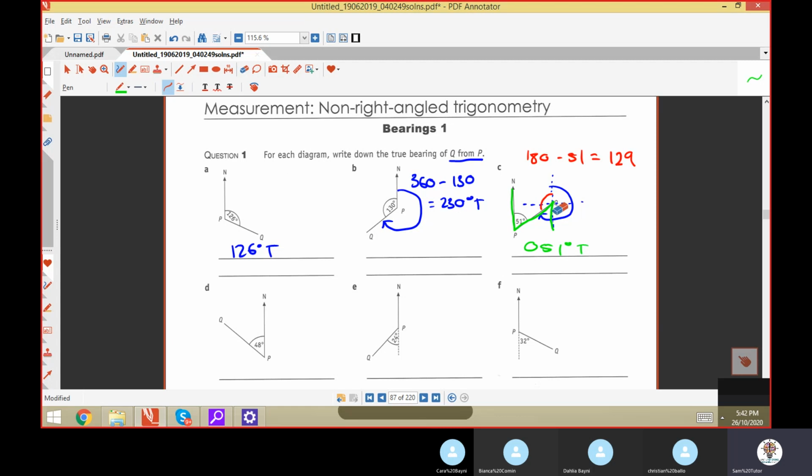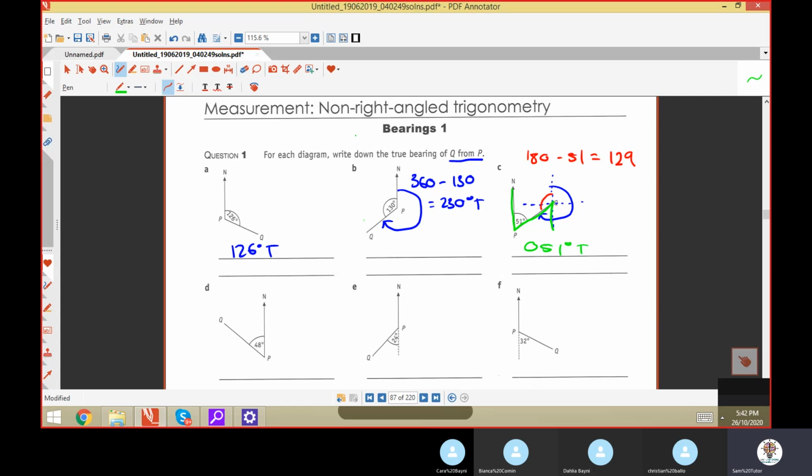Everything starts from north as well. So at any point, you've got to draw your compass bearings. Even at this stage, I would recommend drawing these little compass bearings. You should learn to do that, and then you can see your alternate angles a lot easier for the harder questions. These ones are really easy, so you might not need them as much.